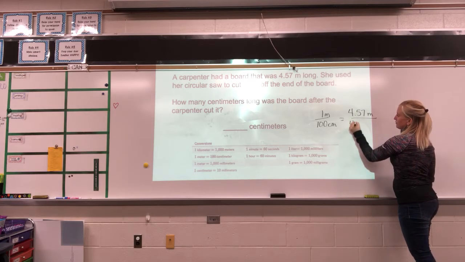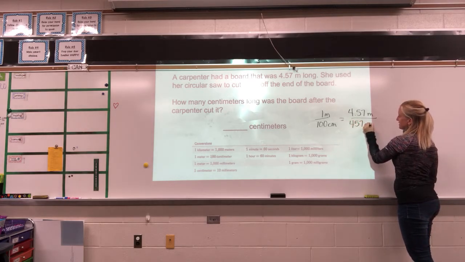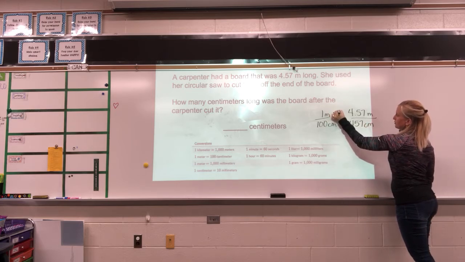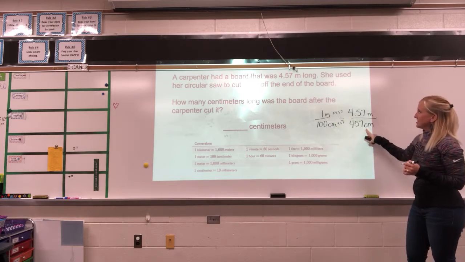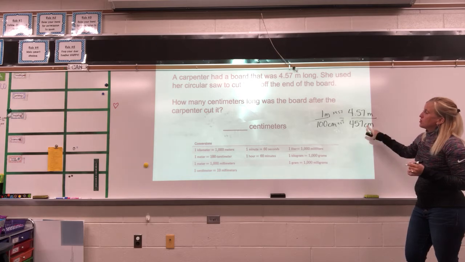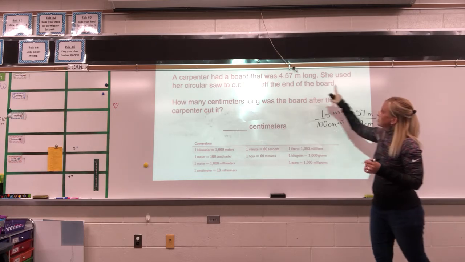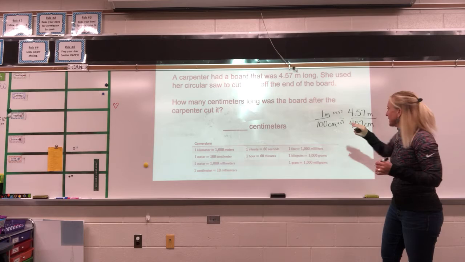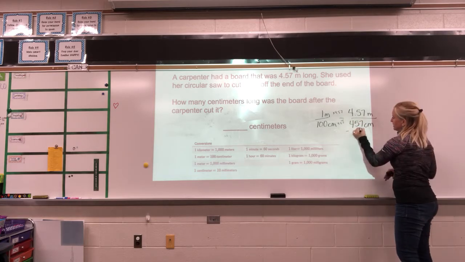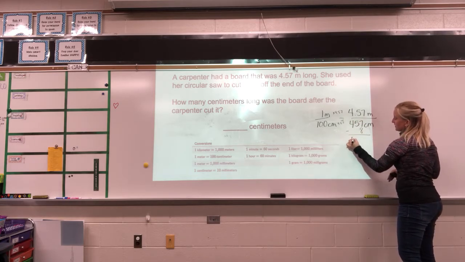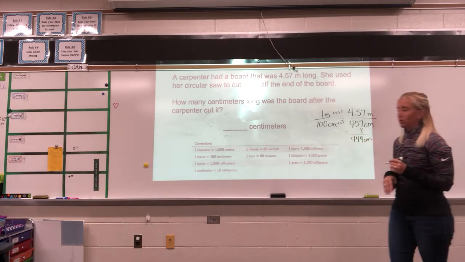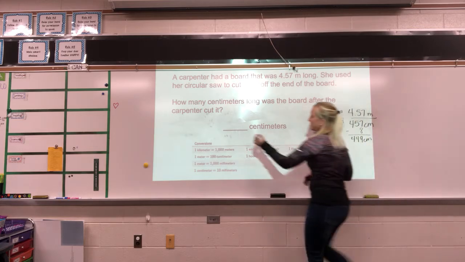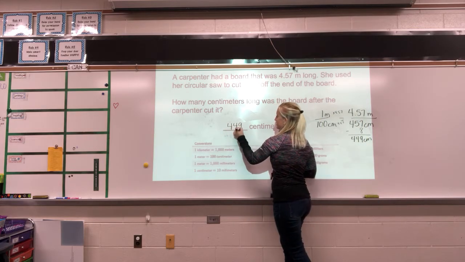Well, that's going to be 457 centimeters, because 1 times 4.57 and then 100 times 4.57. So 457 centimeters. That's how long the board was, but then she took off 8 centimeters. If she got rid of 8 centimeters, that leaves me with 449 centimeters. So how long was the board? 449 centimeters at the end.